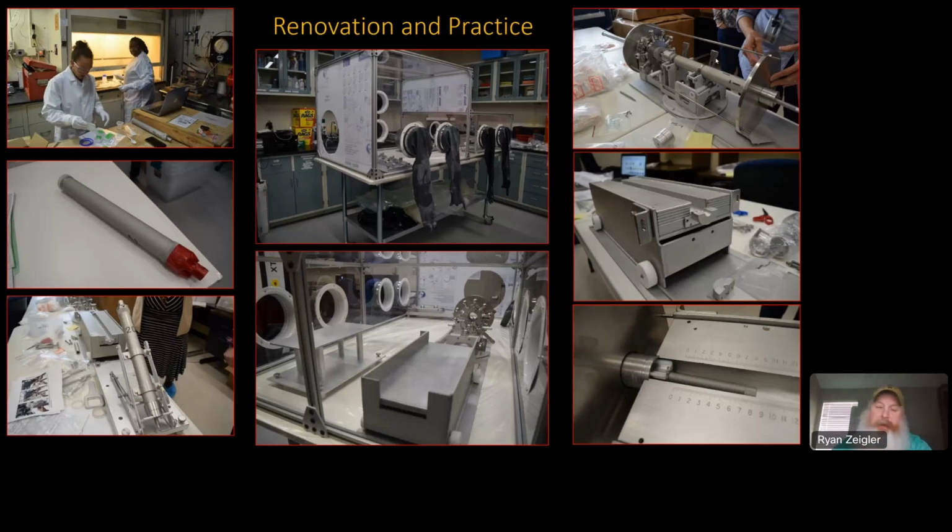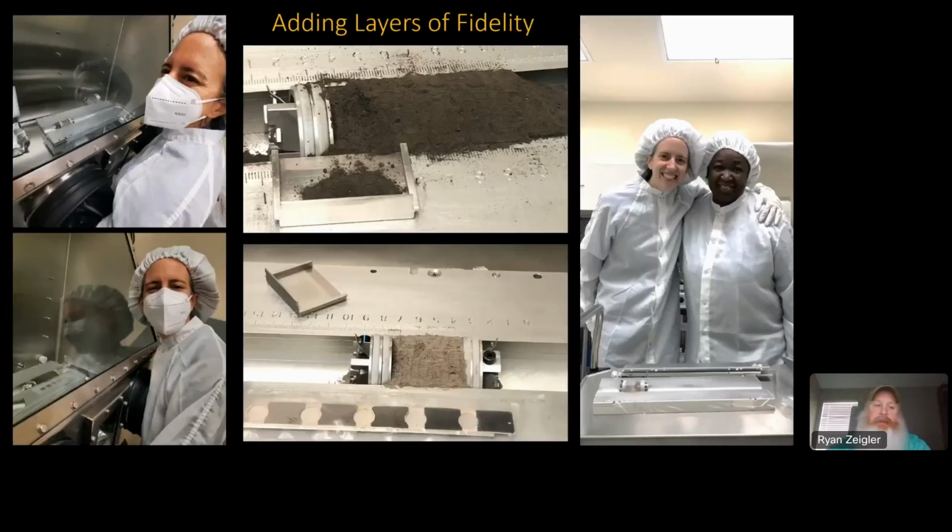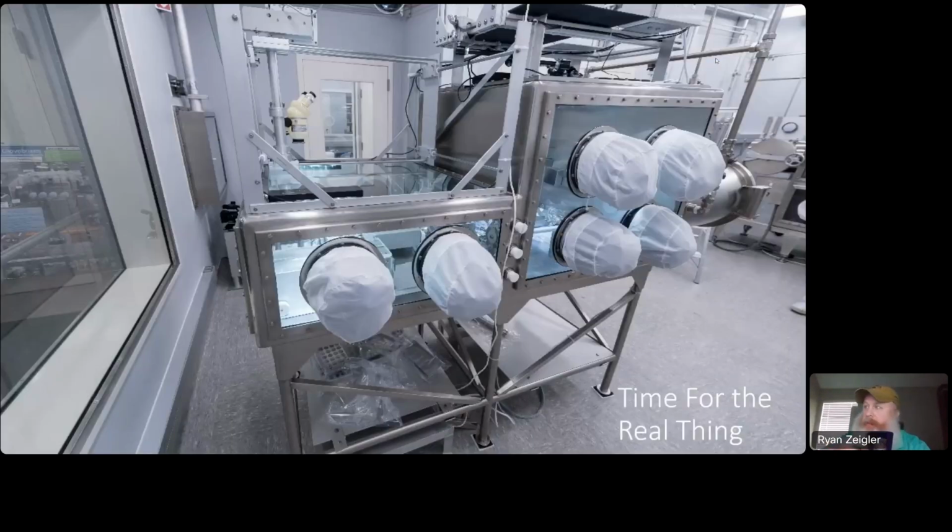And then as we got to the second time we did this, 73001, a couple years later, we were able to add higher levels of fidelity and use an actual glove box. Here you can see Juliana and Andrea as they do another round of training. And then all of that prepped them really well for what it was like when they did the real thing. Here you can see the actual laboratory. You can see the core sample processing cabinet now with gloves on it, although they're covered up.